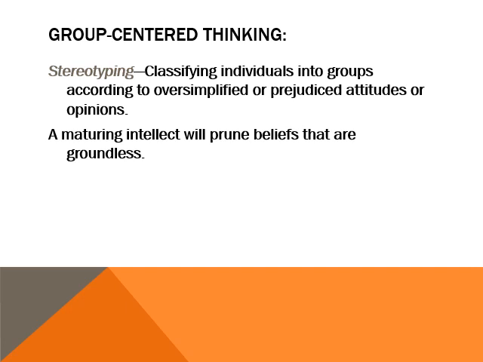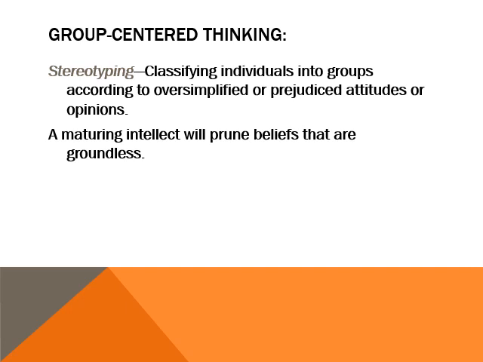But we do stereotype, and there are some reasons we do that, because maybe 70–80% of people behave or look or have these certain characteristics. But not all of them do. So stereotypes can really be bad because they overemphasize similarities or dissimilarities. We need to recognize we're our own individual. A maturing intellect will prune these kinds of beliefs that are groundless.